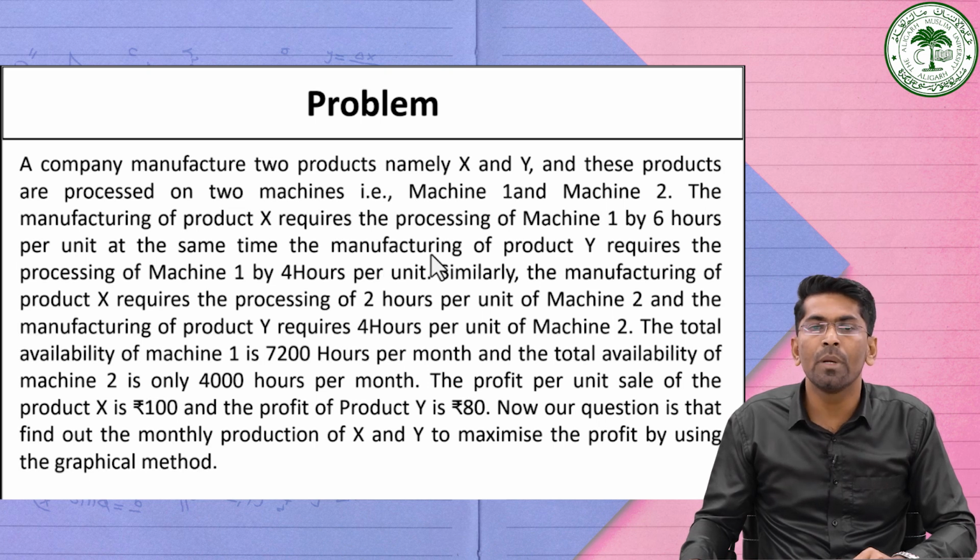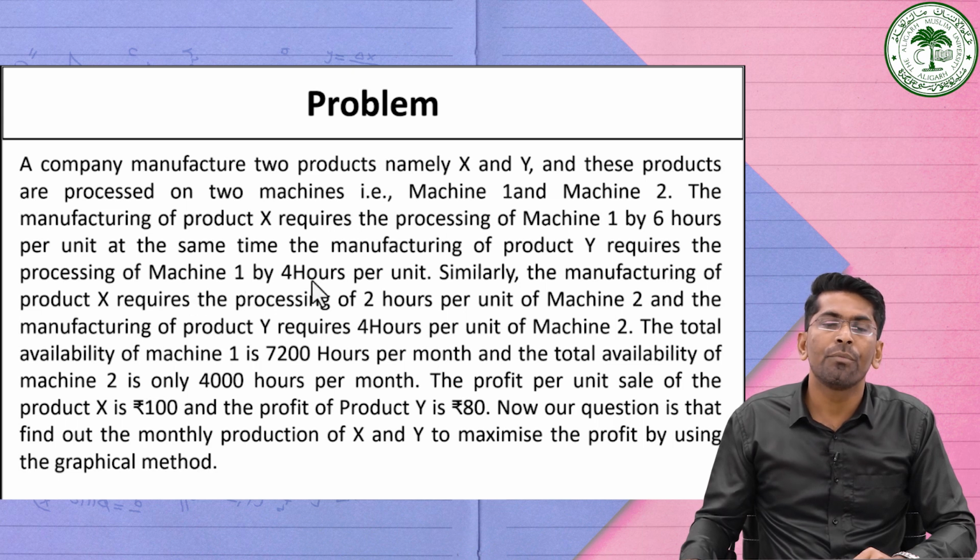At the same time, the manufacturing of Y requires processing on machine 1 for 4 hours per unit. Similarly, the manufacture of product X requires processing of 2 hours per unit on machine 2, and the manufacturing of product Y requires 4 hours per unit on machine 2.